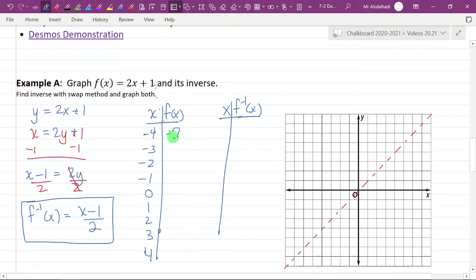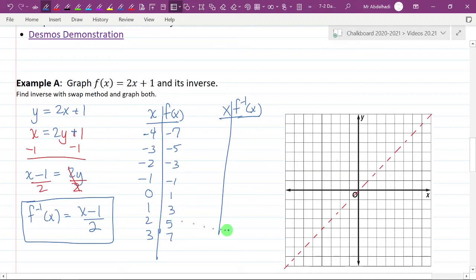This would be -6 plus 1 is -5. -3, -1. This would be 1. This would be 3, 5, 7, and 9, which is off the graph because this graph is only 8 by 8. So we won't do the last one here.